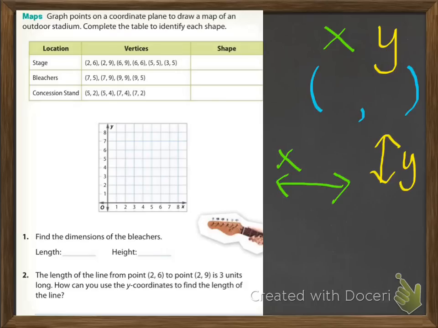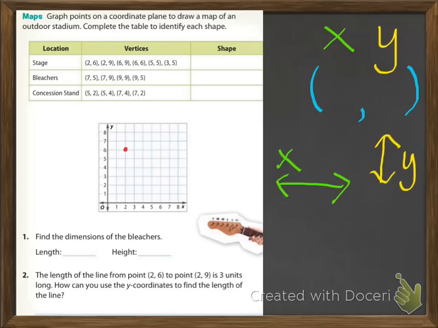So what you want to do now is plot all of the points for the stage, and then write what type of shape it makes. I'll start that off for you. We're going to plot 2, 6. So we're going to go over 2, and let's zoom in on this a little. We're going to go over to the right 2, and we're going to go up 6. So right here will be our first dot.